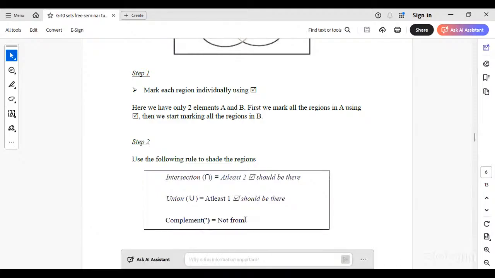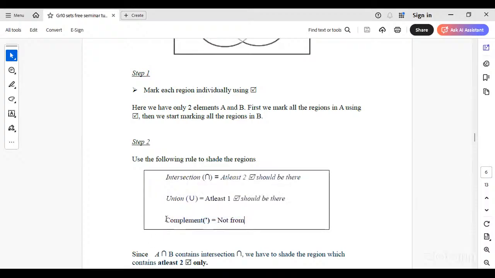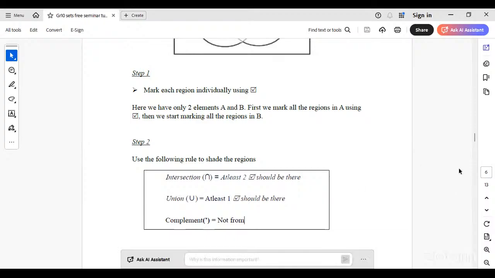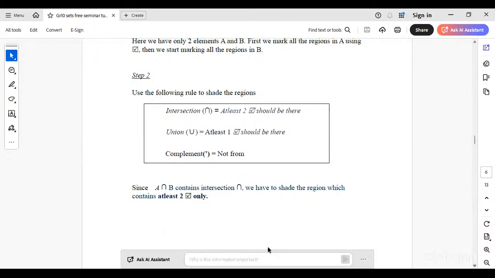What about complement? A is the region, and A dash means the complement. Complement means it's not the relevant element. Since A intersect B contains intersection, we have to shade the region which contains at least two ticks only.